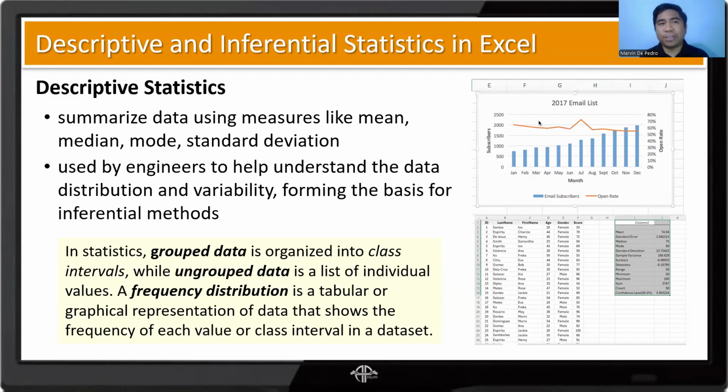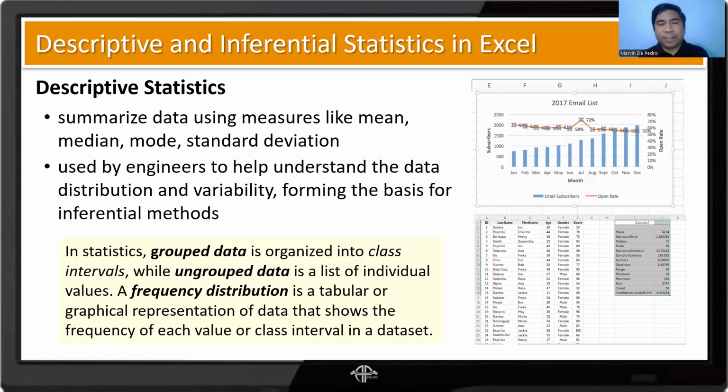So we count how many respondents chose red, how many chose green, and so on. That's why in descriptive statistics, we don't do just the calculating of the mean, median, mode, or standard deviation. We also perform things like the frequency distribution and other probability distribution graphs.